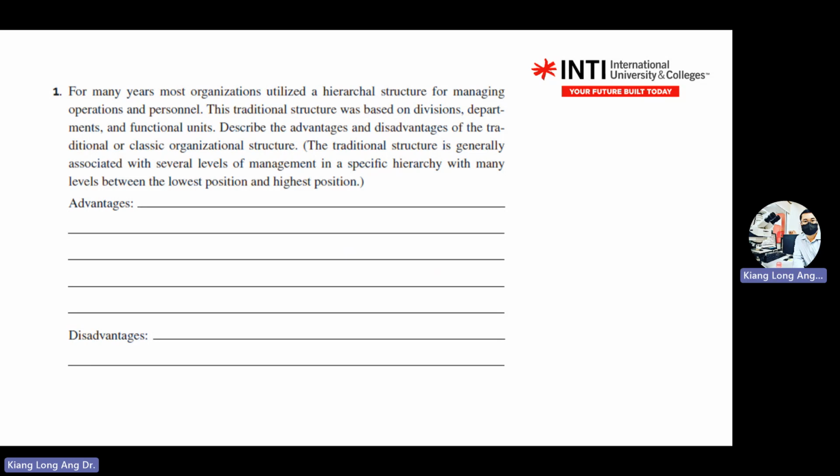All right. So as long as you elaborate on the function of the functional unit here. So in the traditional org chart, the functional manager takes charge. So what they do is manage the resources below them. Okay.